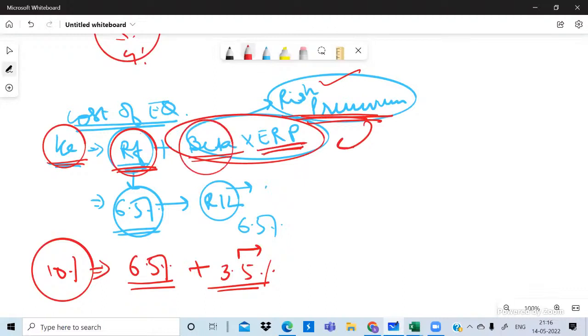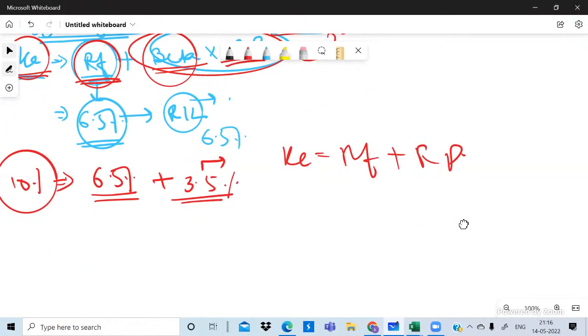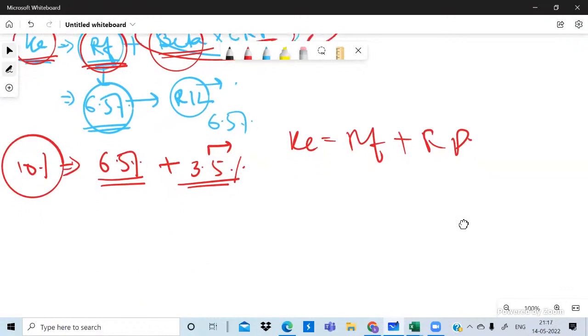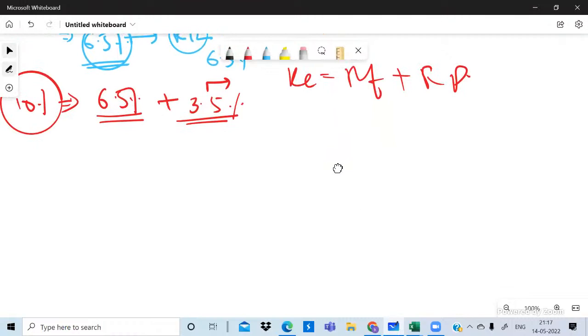That's it. Just look at this first definition where you say cost of equity is risk-free rate plus risk premium. That's it. Any doubt with cost of equity before we look at cost of debt and cost of preference? Any questions on cost of equity?